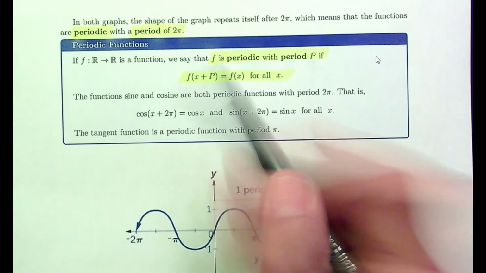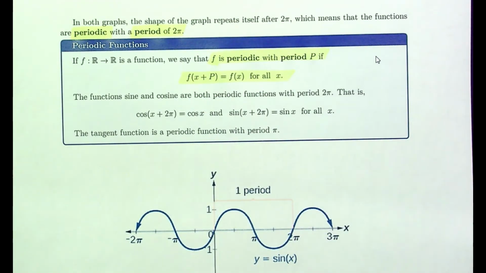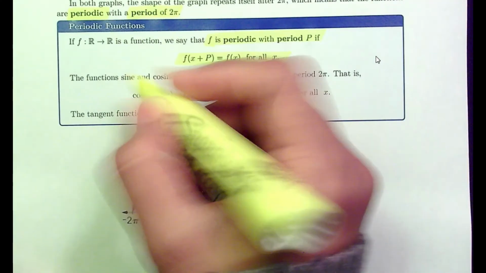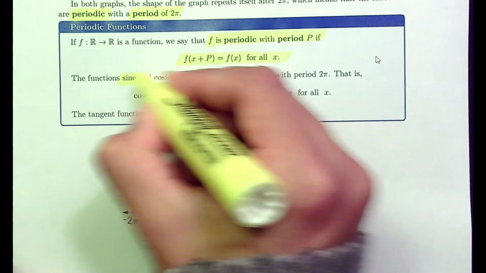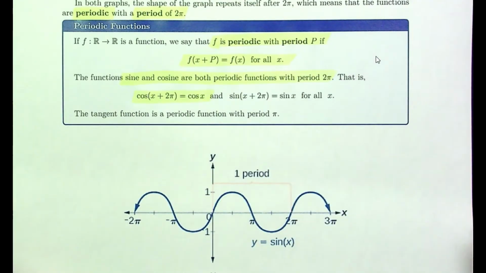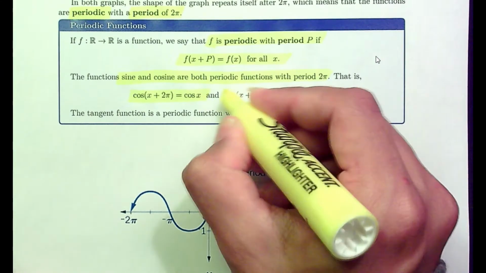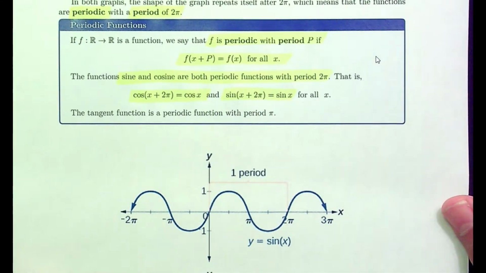So adding the period doesn't really do anything because it brings you back to a repetition of the graph. So in particular, since both sine and cosine are periodic with period 2 pi, cosine of x plus 2 pi is exactly the same as cosine of x. And sine of x plus 2 pi is exactly the same as sine of x.